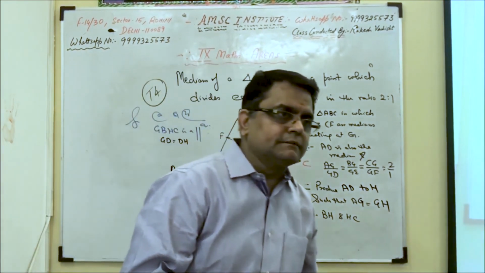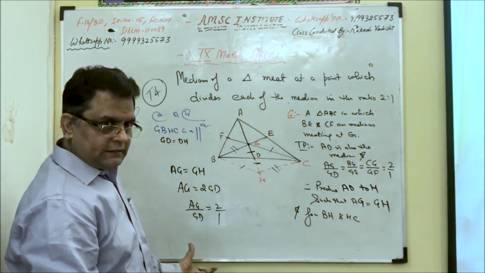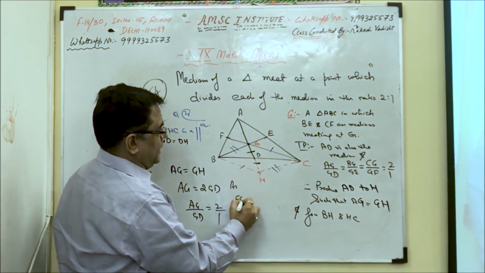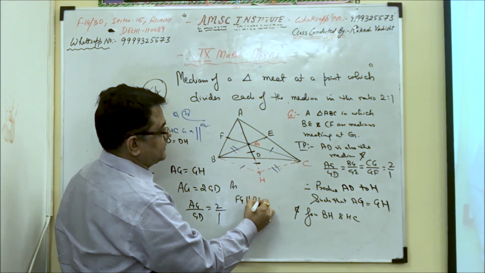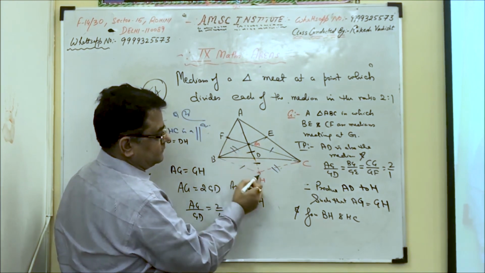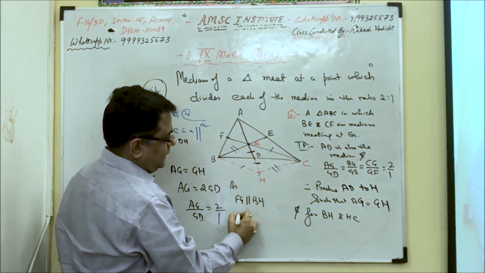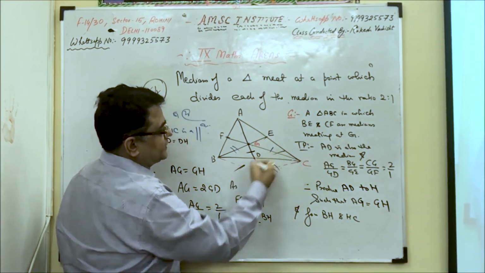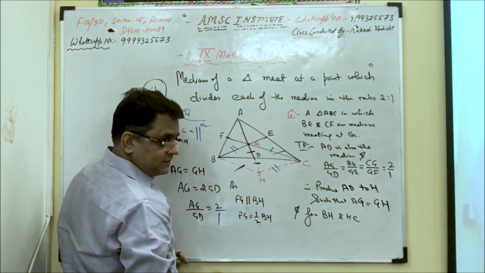एक साइड बात आ गई है, राइट? As FG is parallel with BH and FG is the half of BH and BH is equal to what? GC.